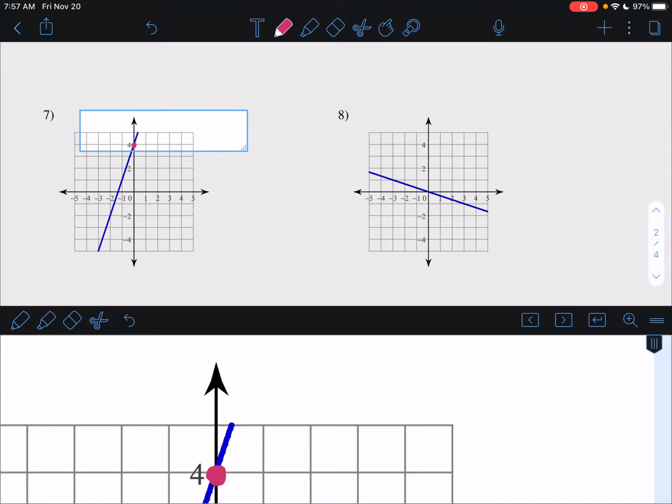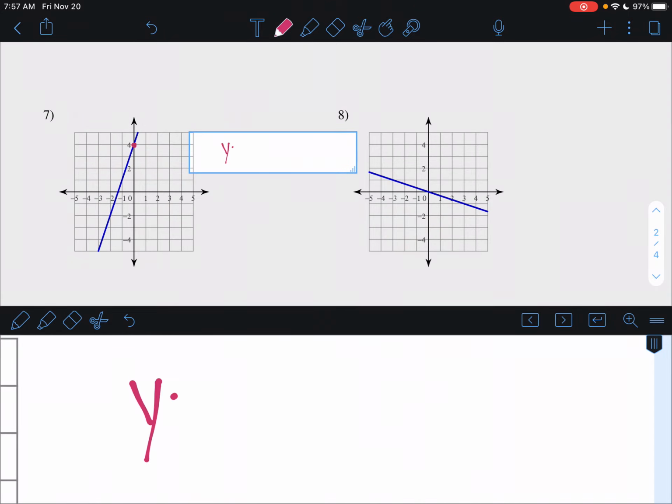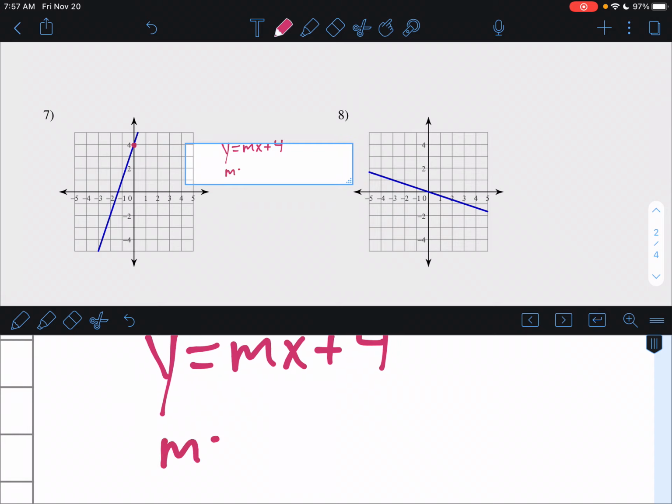Remember, my y-intercept is where it crosses the y-axis, the vertical axis. So I know I'm going to have y equals mx plus 4. Then I need to determine what my slope is, my m. So m is always going to be rise over run.